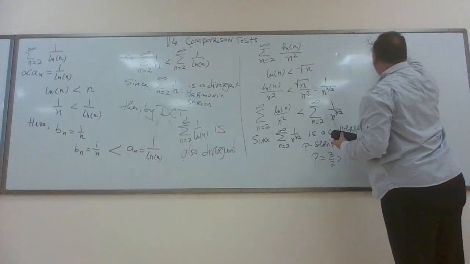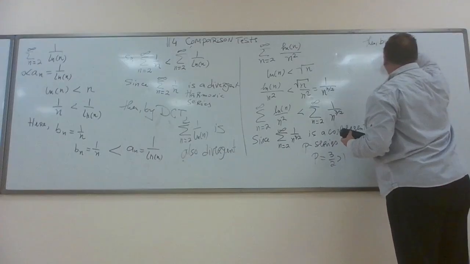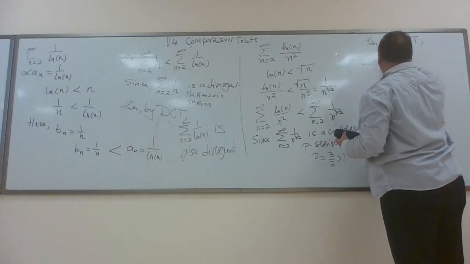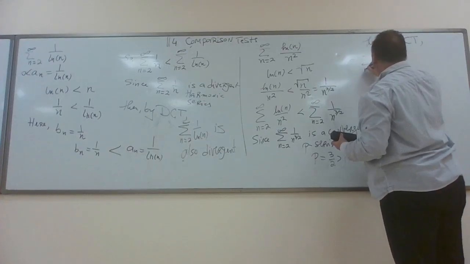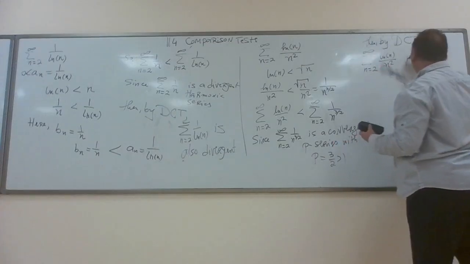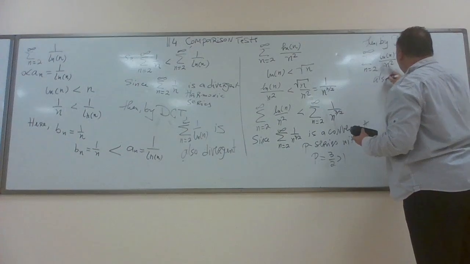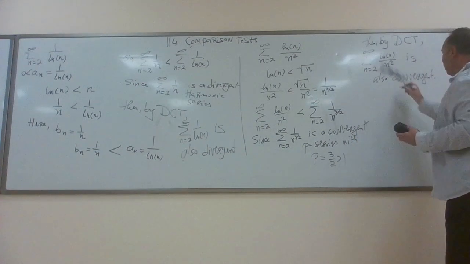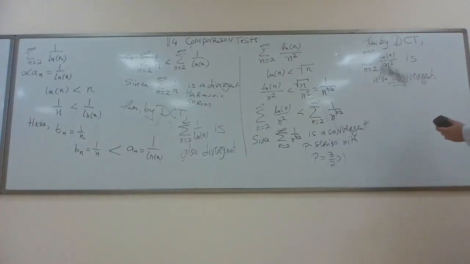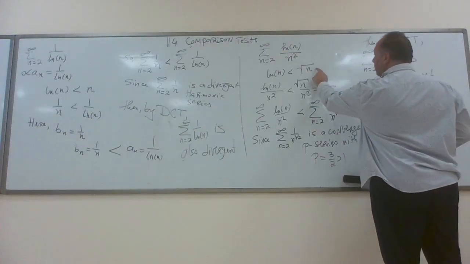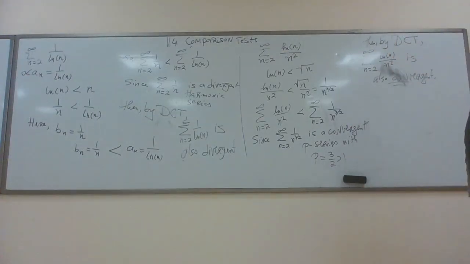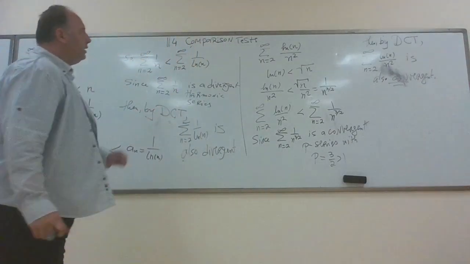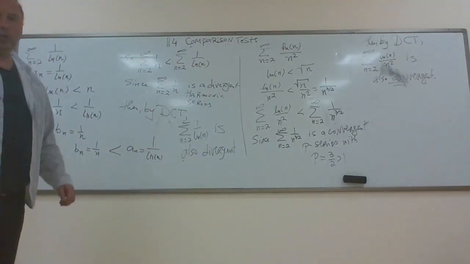Then, by DCT, direct comparison test, the series ln n over n squared is also convergent. Okay, so here the key was to realize that ln n is smaller than any root of n also. So these are some details that are important to observe.